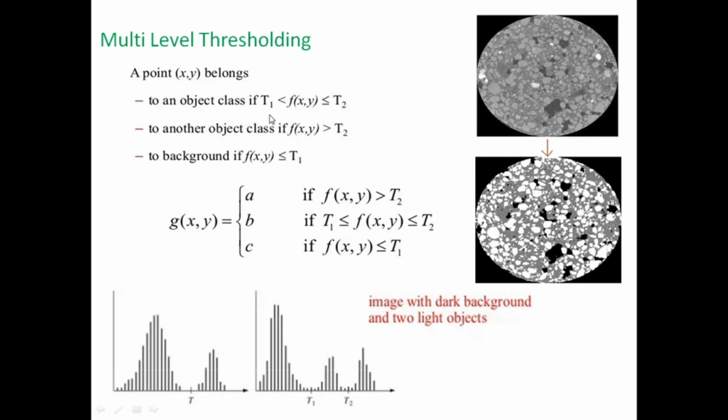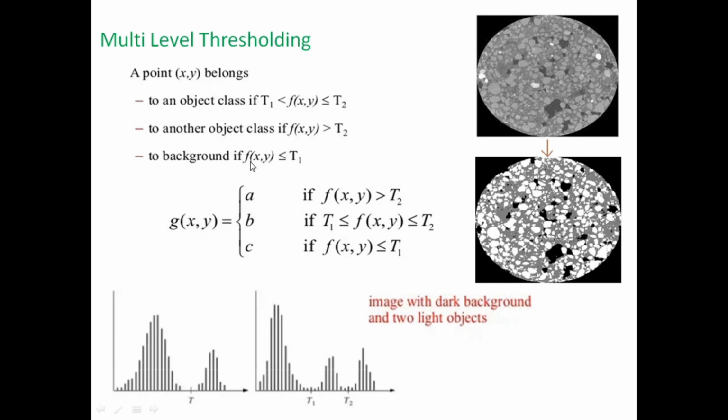The pixels between 120 and 180 all come under some gray level, which is what I have indicated here. So two different objects appear after the transformation, that is, after the application of the multi-level threshold concept.